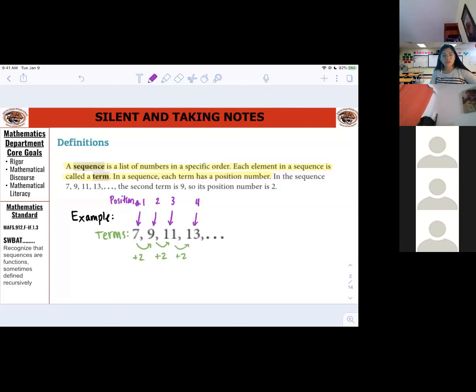So just before I head on to that page, basically with a sequence, the pattern might not always be so obvious. So in this one, it's like, oh, okay, we're just adding by 2. That's pretty easy. But a lot of times it's going to have a much more difficult pattern. So instead of being able to figure it out using our eyes, there's going to be kind of like functions, a rule that we can follow to know what comes next.